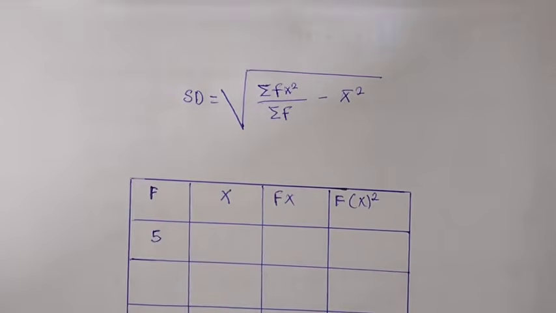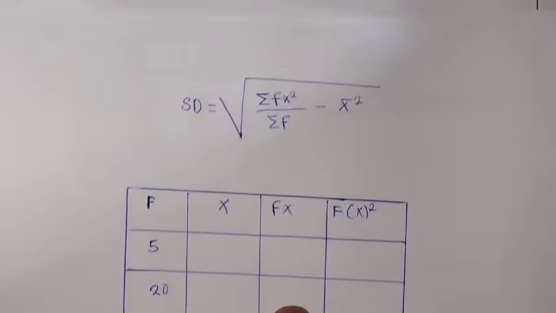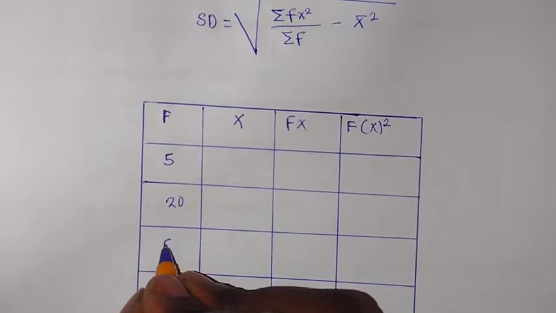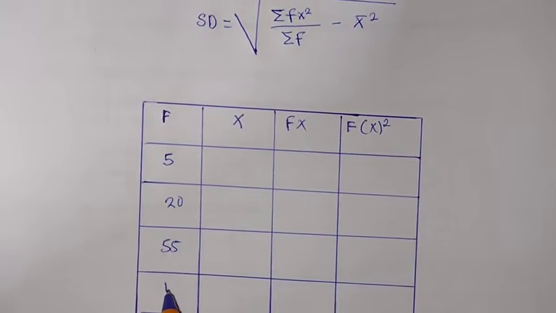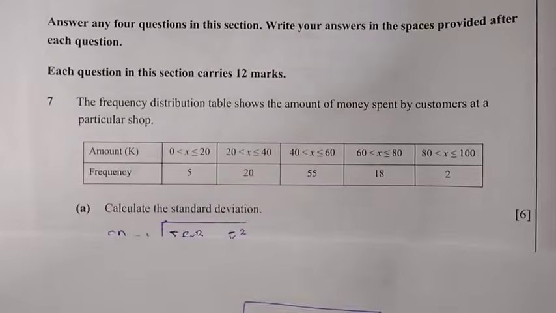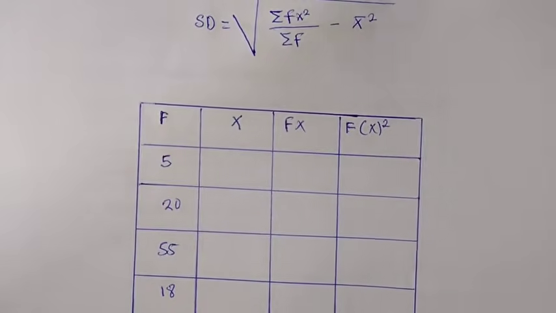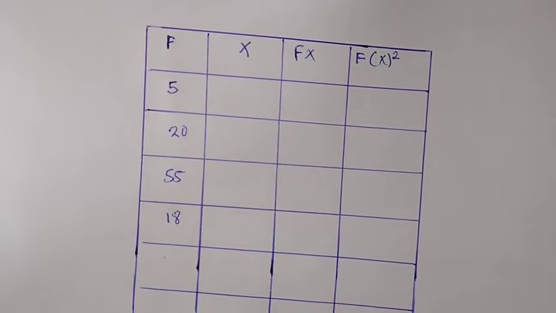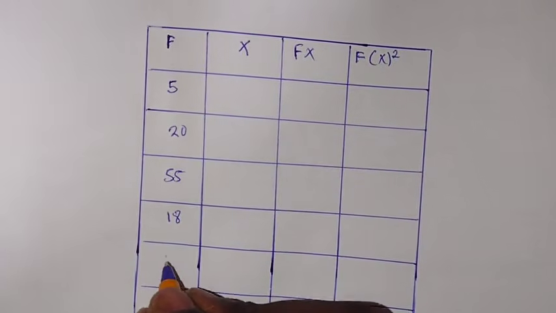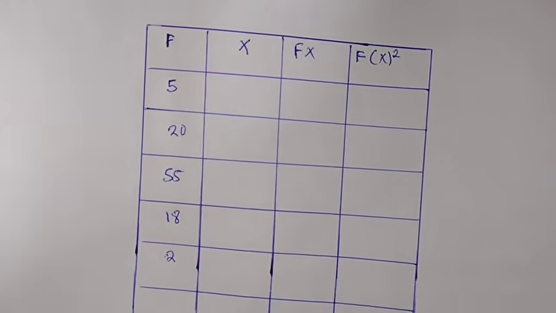You put 5, 20, what else? 55. You put a 55 here, 18, what else? A 2. So you can put a 2 right here.